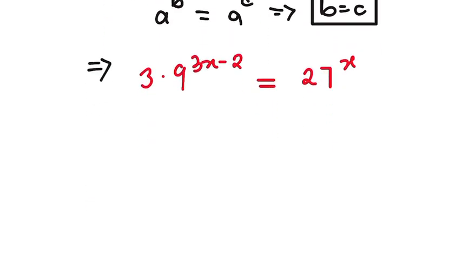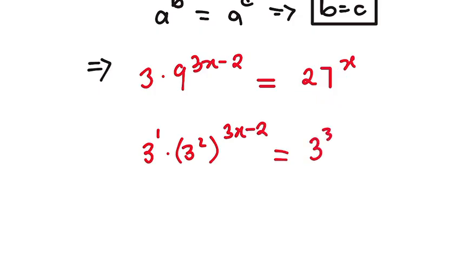Okay, so now we can rewrite this 3 as 3 to the power of 1 multiplied by this 9, which can be 3 to the power of 2, then to the power of 3x minus 2, then equals, I can rewrite this 27 as 3 to the power of 3, then to the power of x. So we're going to have 3 to the power of 1 multiplied by 3.